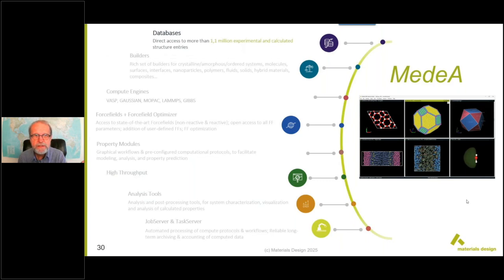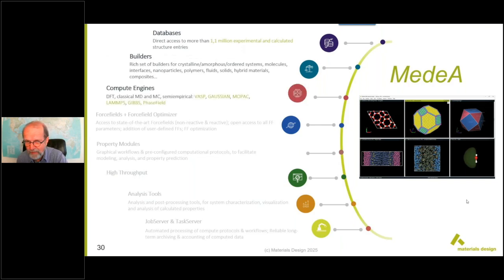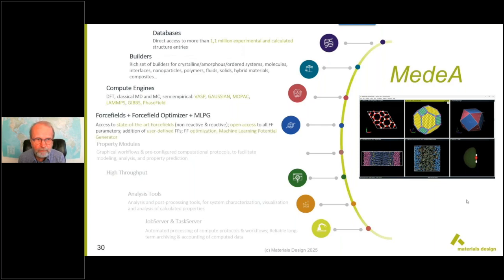It has databases, it has building tools, it has compute engines, for example, VASP, Gaussian, MOPAC, LAMMPS, GIBBS, and the phase field code. Also the property predictors like UNCLE for the cluster expansion.